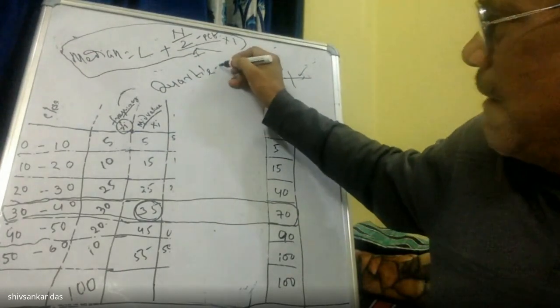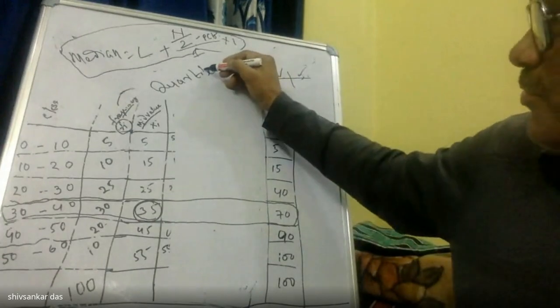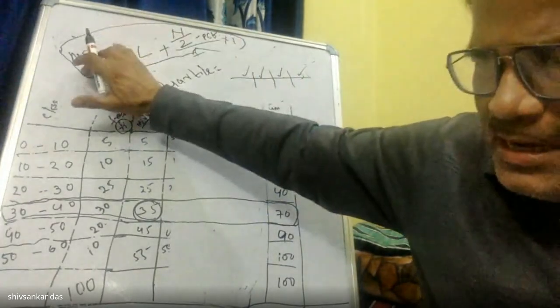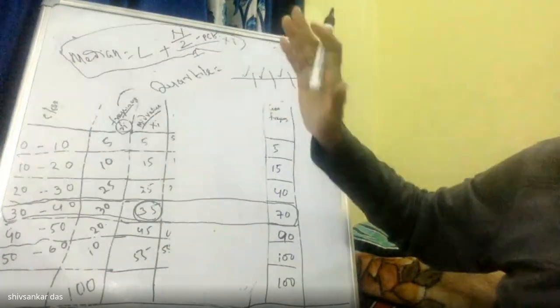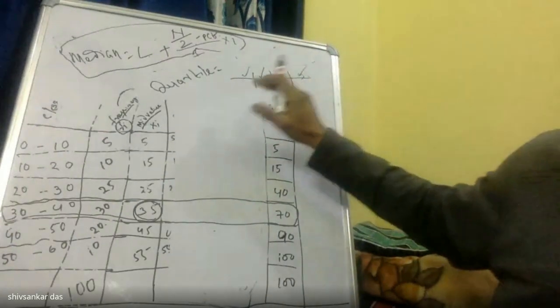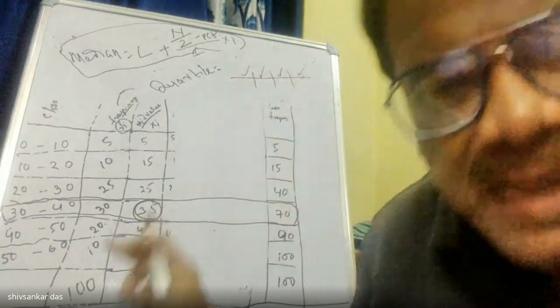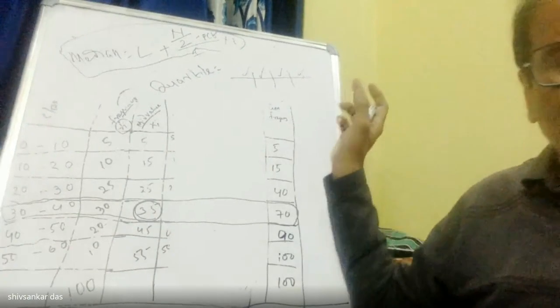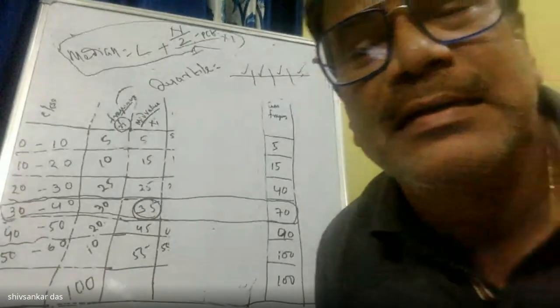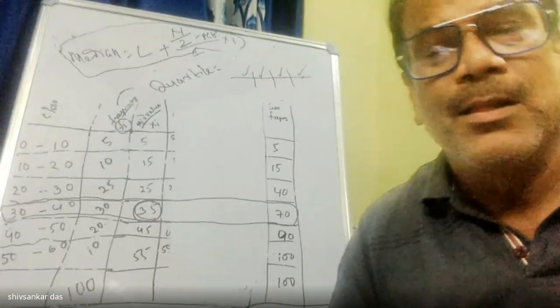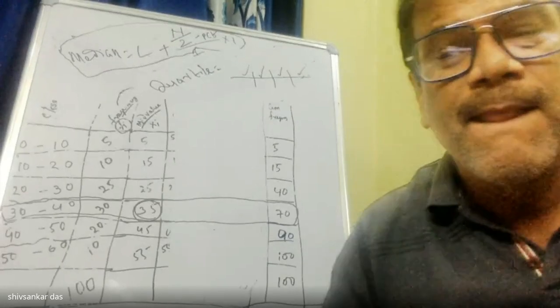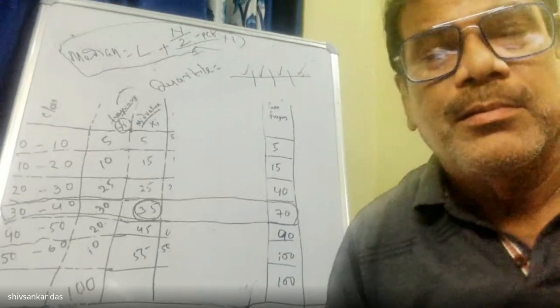It is median, quartile. Then if I make 10 divisions, it's called decile. If I make 100 divisions, it will be called percentile. Is it clear?